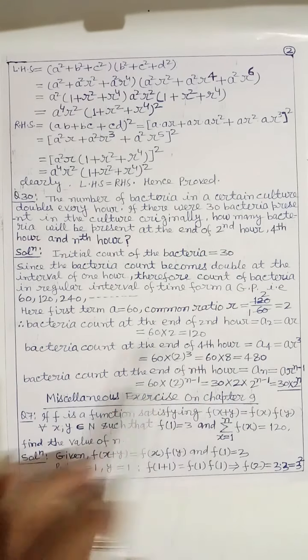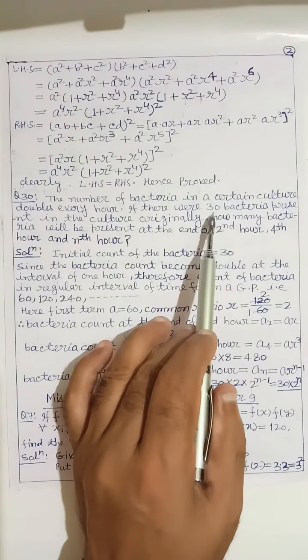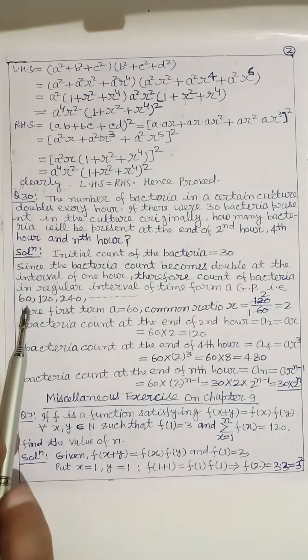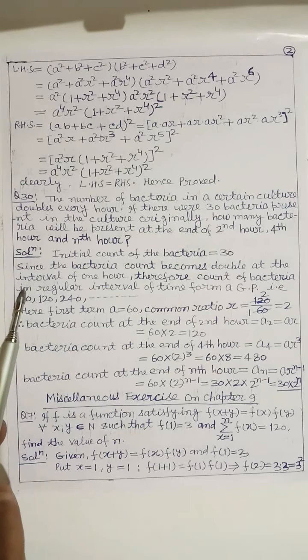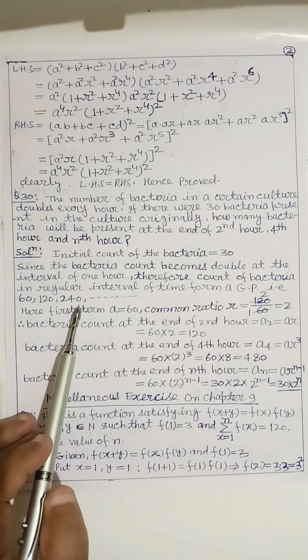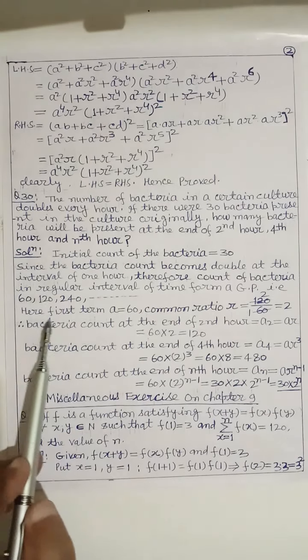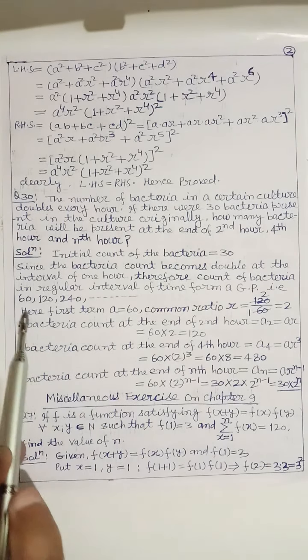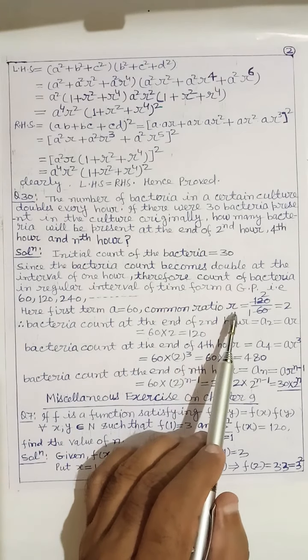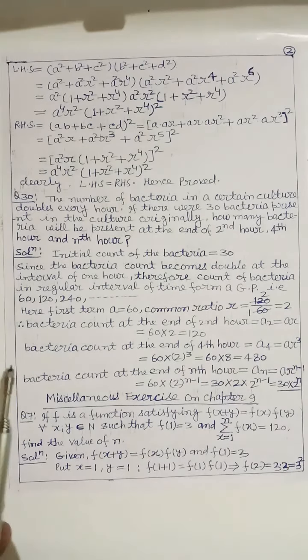First this is 30, after 1 hour 60, and after 1 hour it doubles to 120, after that 240 and so on. So this forms a GP. Here first term a is equal to 60 and common ratio r is 2.